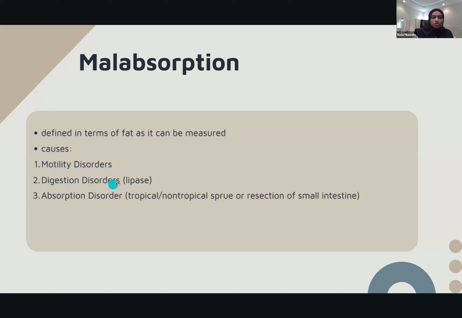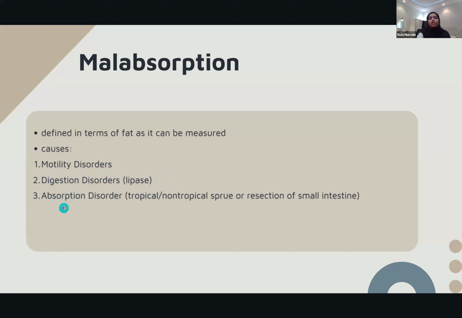Now, digestion disorders are disorders of the enzymes, so mainly lipase is affected. So it can be caused by pancreatitis or cystic fibrosis, right? So these are enzymatic disorders. There is no problem in the intestines themselves, okay?